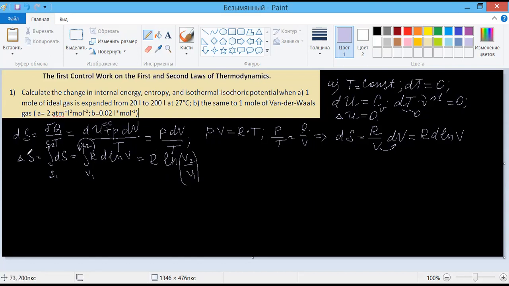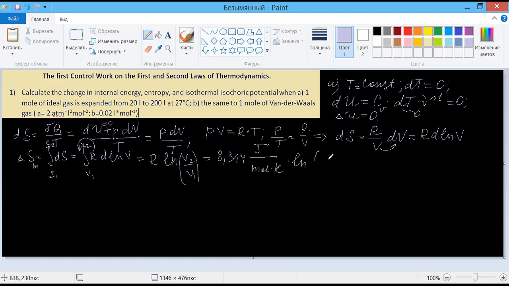Of course, we should write down the symbol m, which means that we are calculating for 1 mole, and that equals R times natural logarithm of 200 over 20, in joules per mole per Kelvin.